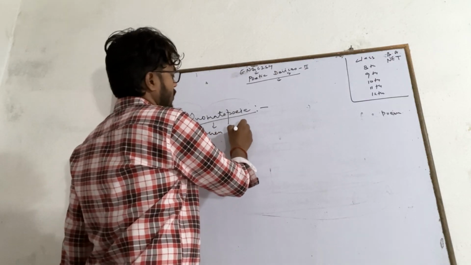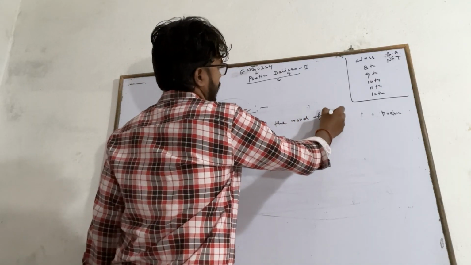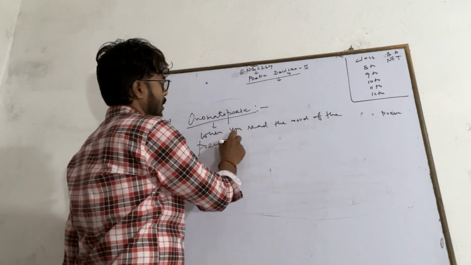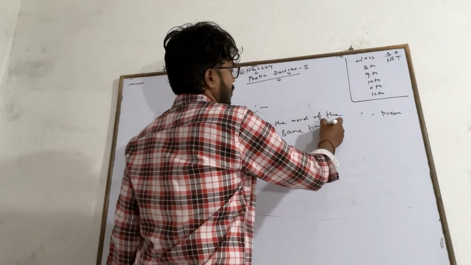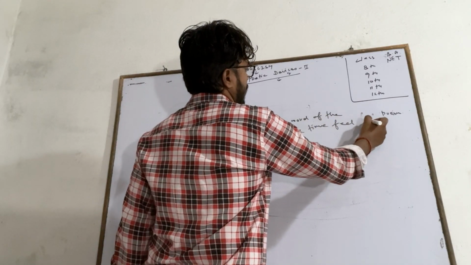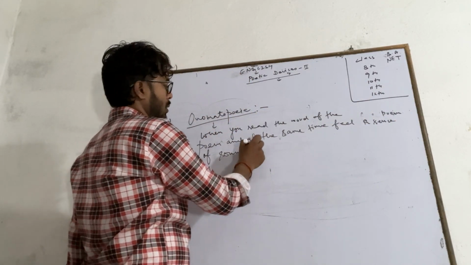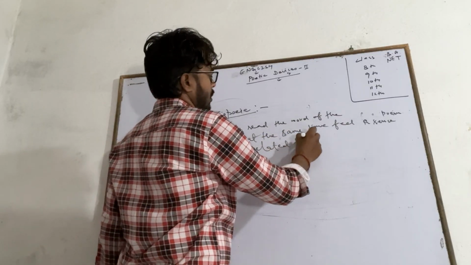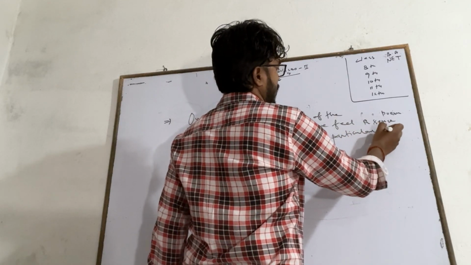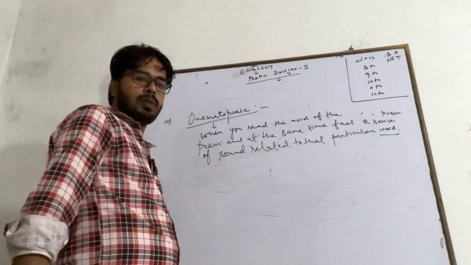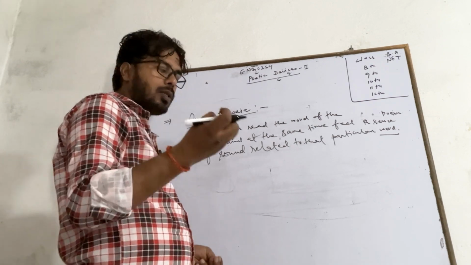When you read a word of the poem and at the same time feel a sense of sound related to that particular word, okay, when you read a particular word from the poem, at the same time you feel the very sense of that word.